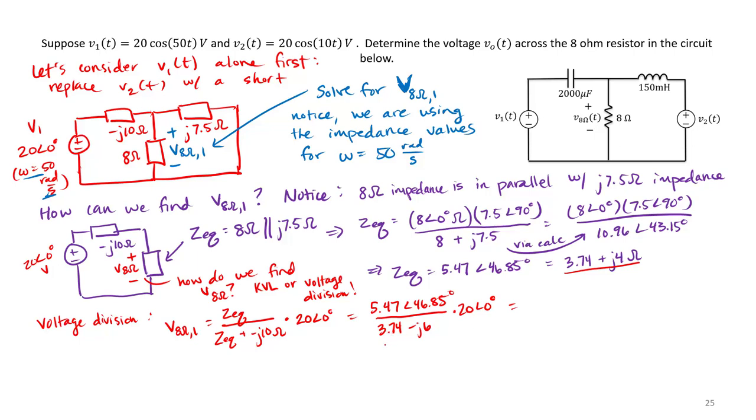We need to write the 3.74 minus J6 in polar form. So if we convert that to polar form, we get 7.07 angle negative 58.06 degrees.